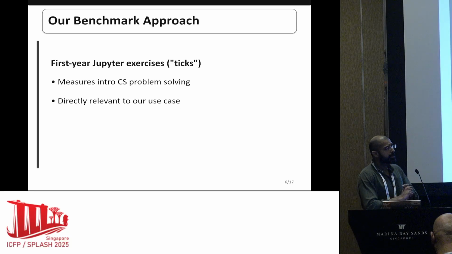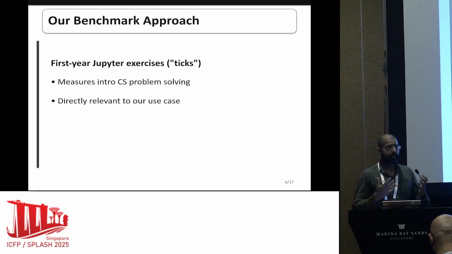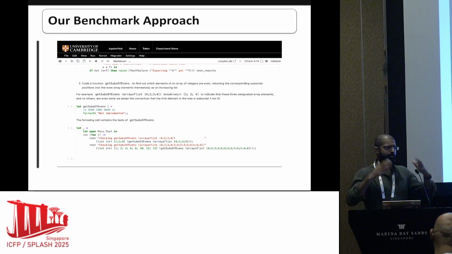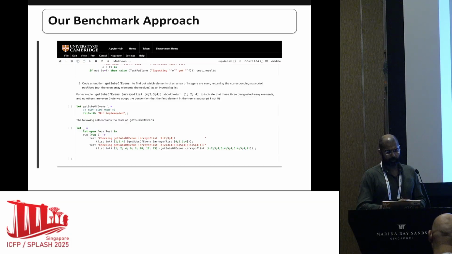So what we did is we took the interactive coding exercises that students already did. These are in a Jupyter notebook, and these are part of the Foundations of Computer Science course. And we used these as our benchmarks because they were directly relevant to our use case. So what do these look like? Essentially the student has a Jupyter notebook.